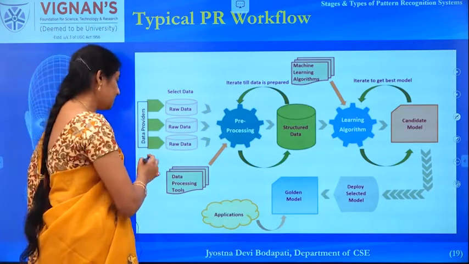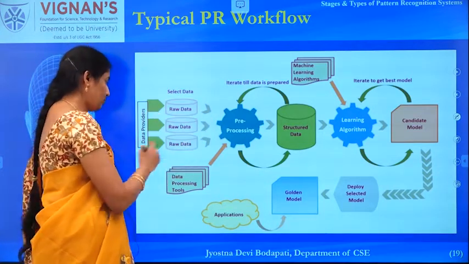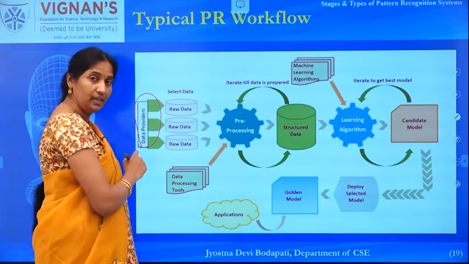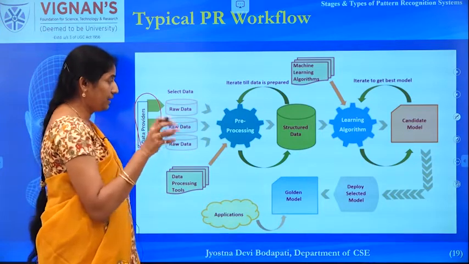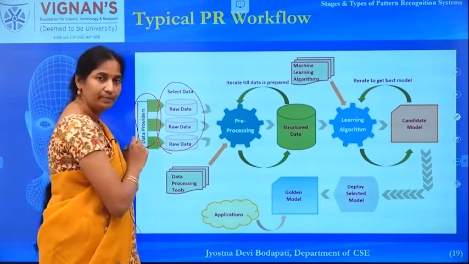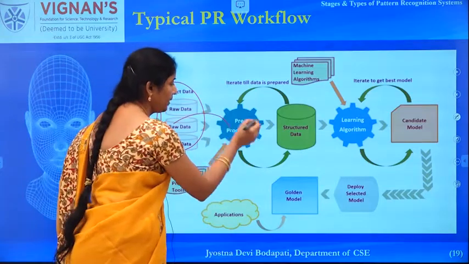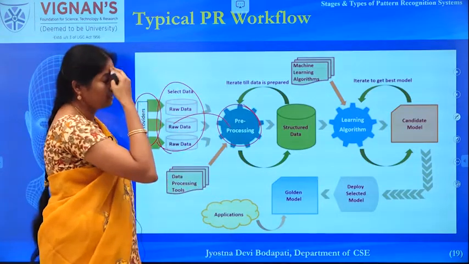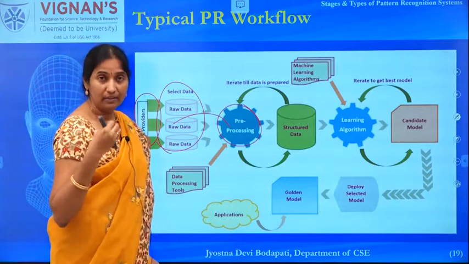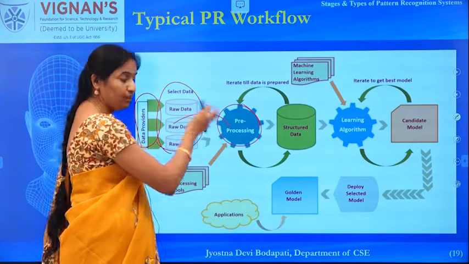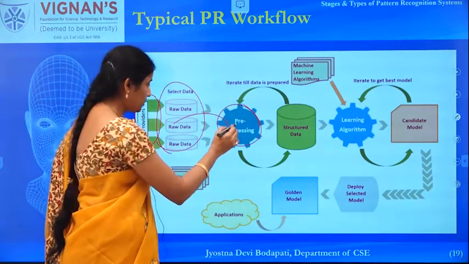Now let's consider we have just collected the data. From the real world we are getting the data, and that data is called raw data. Then the first step in your pattern recognition system is pre-processing.